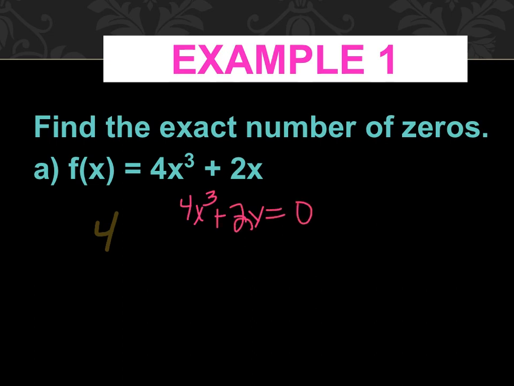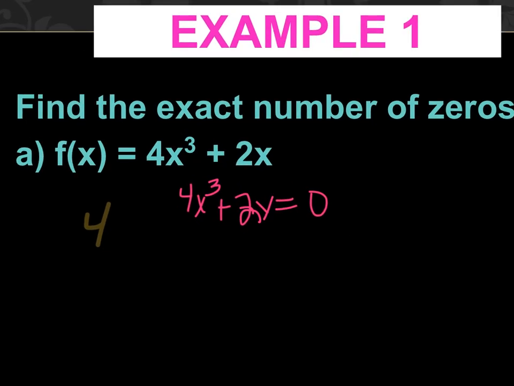What do I look for first? How do you factor? Greatest common factor. What do they both have in common? 2x. So take out 2x. I'm left with 2x squared plus 1.